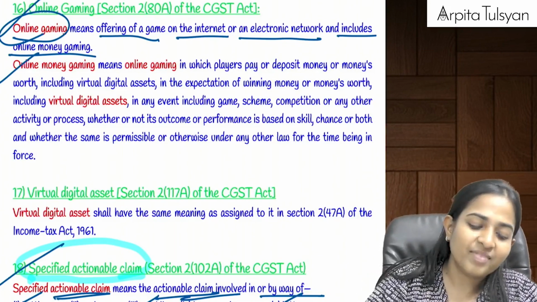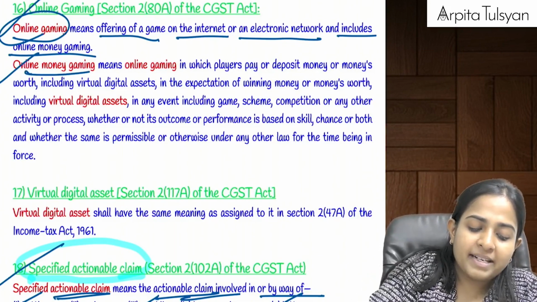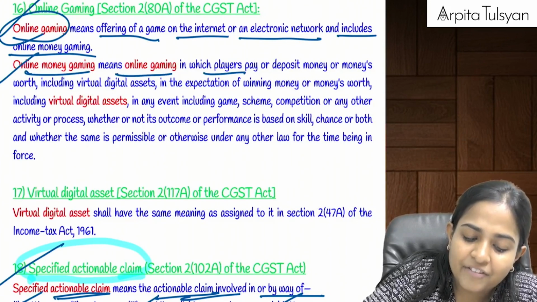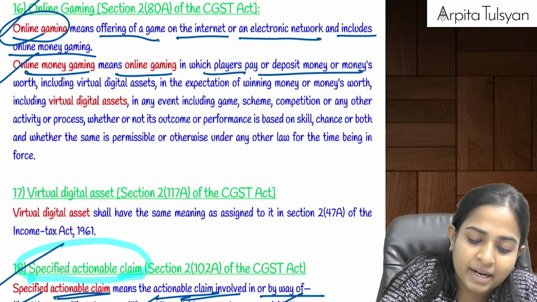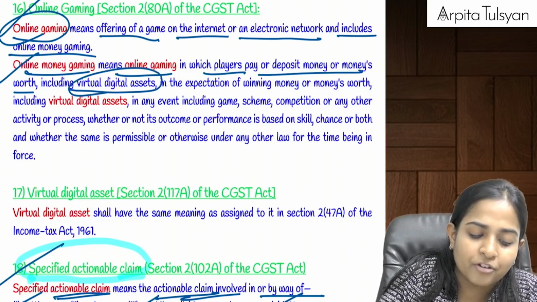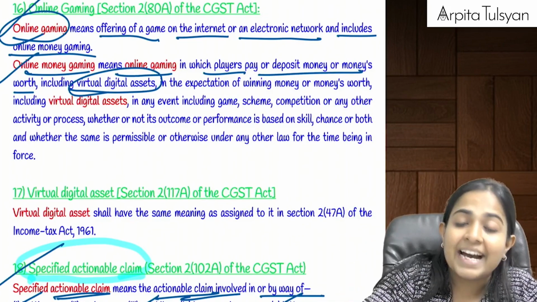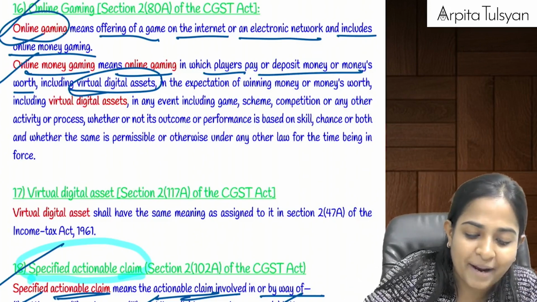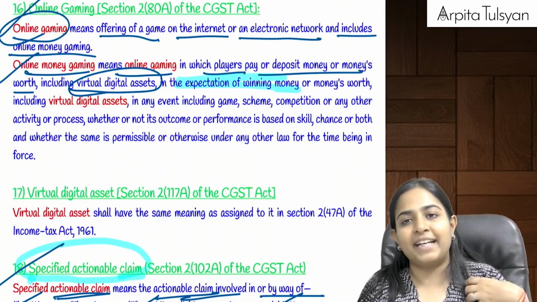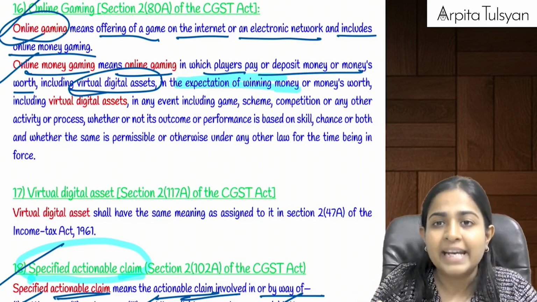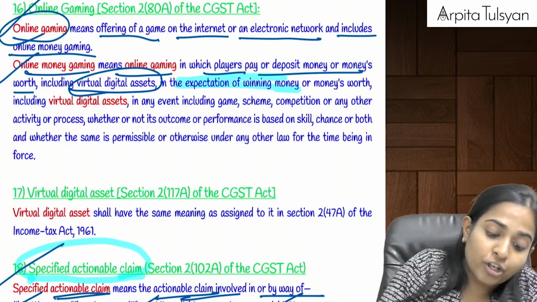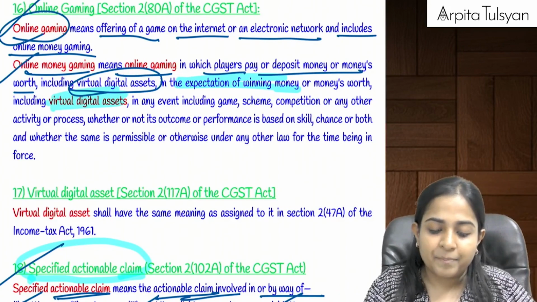So online money gaming means online gaming in which the player pays or deposits money or money's worth, including virtual digital assets, in the expectation that they are going to win some money or money's worth or virtual digital assets. Are you clear with this?